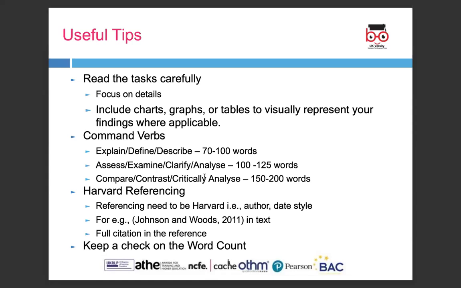For books, provide the author's name, the year of publication, the title of the book, the publisher, and the place of publication. For journal articles, include the author's name, the year of publication, the title of the article, the name of the journal, the volume number, the issue number if applicable, the page range.